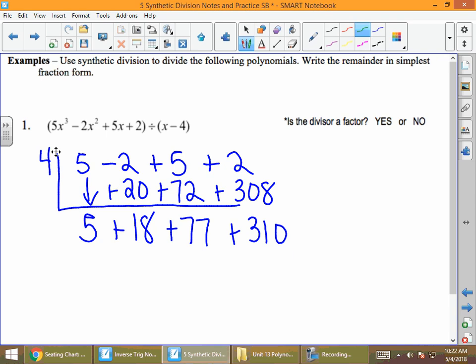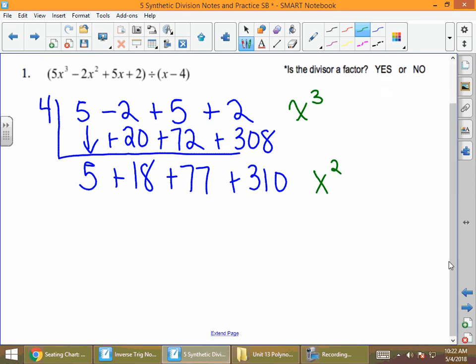We started with x cubed. Whenever we synthetically divide, we decrease the power by 1. So down here, when we finish that, it's going to be an x squared. So when we fill the variables back in, we get 5x squared. And then we descend. Plus 18x. Second degree, now first degree.